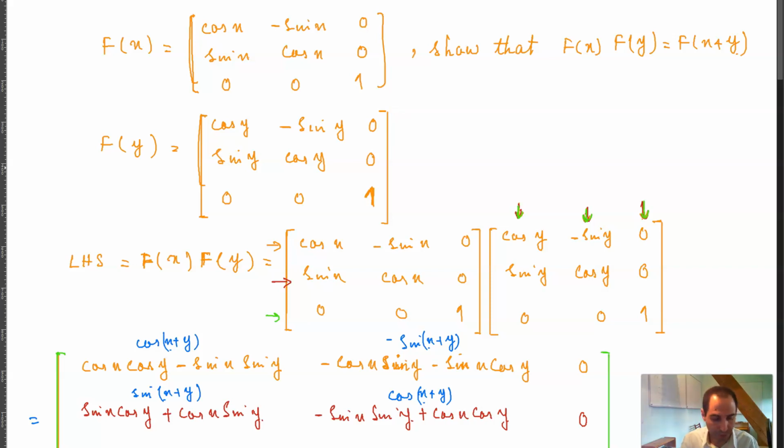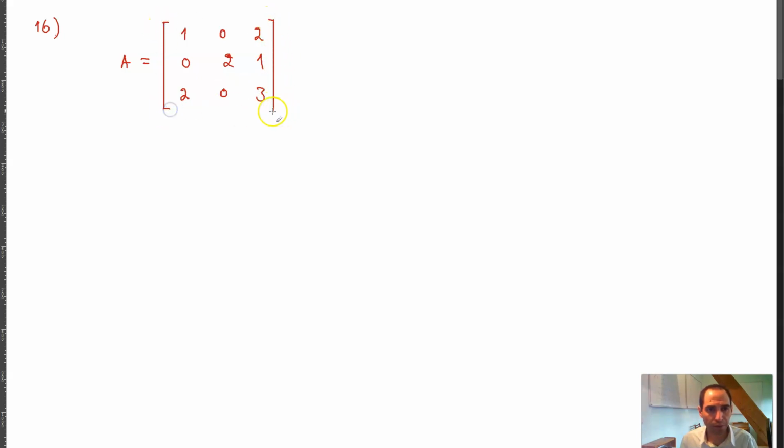Okay, so if A is equal to, this is question number 16, and A is a matrix 1, 0, 2, 0, 2, 1, 2, 0, 3. This is the matrix A that we have.